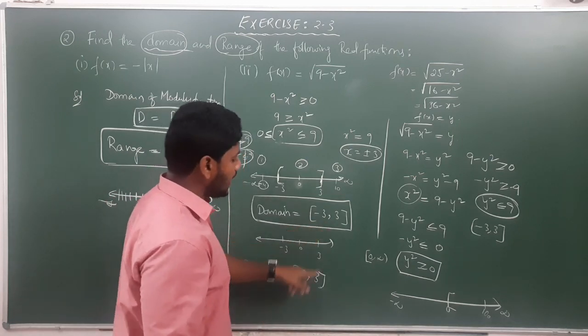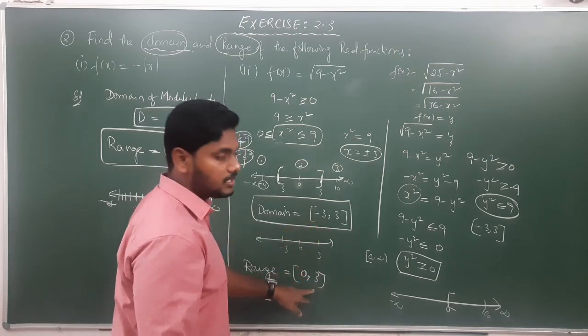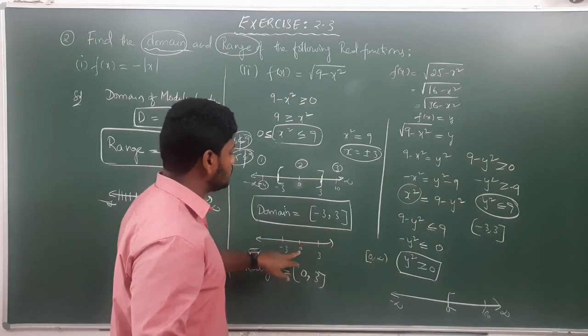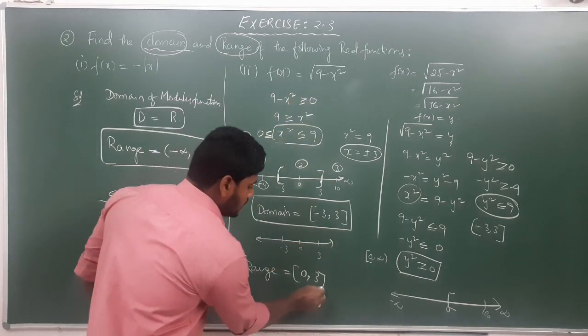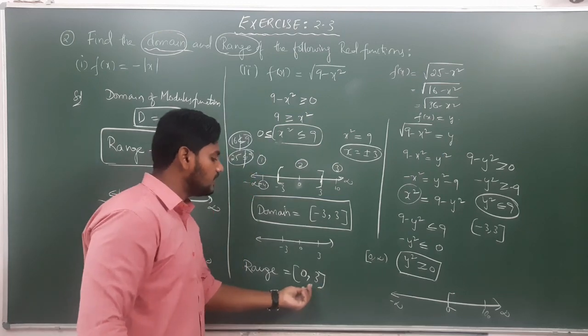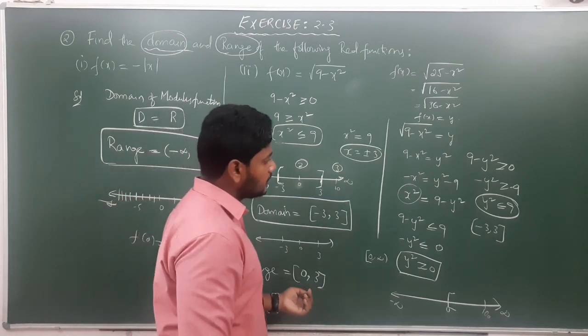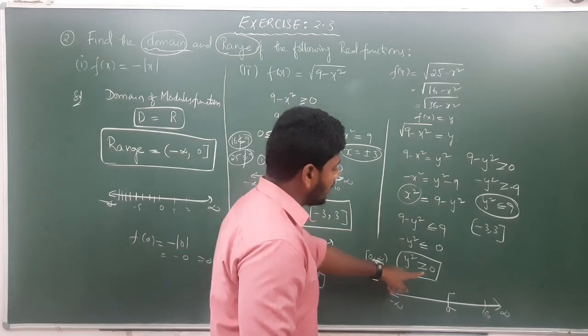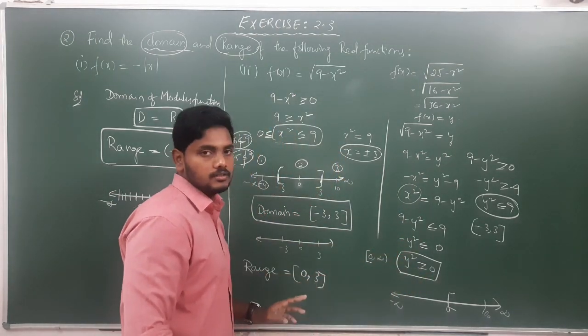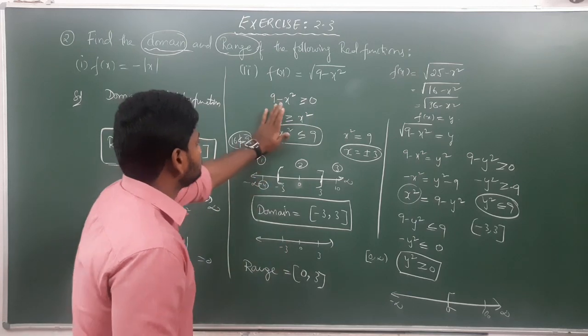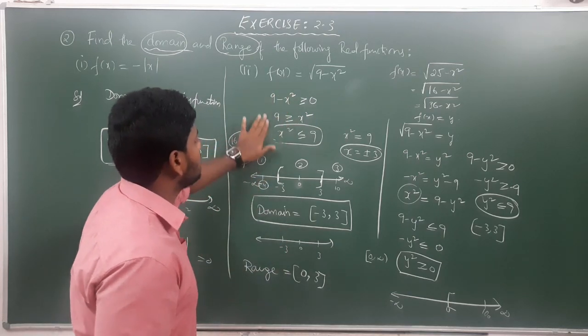Why? Because the maximum value we are getting is 3 only. For example, if you take 0, 9 minus 0 is 9, square root of 9 is 3. So the range is 0 to 3. But how to identify that 3 value? Sir, we understood how 0 to infinity came, but why up to 3 only? See this. We have the condition x square less than or equal to 9.